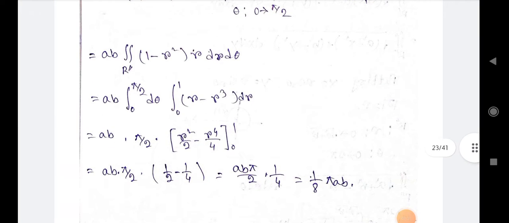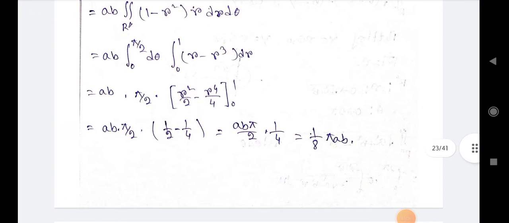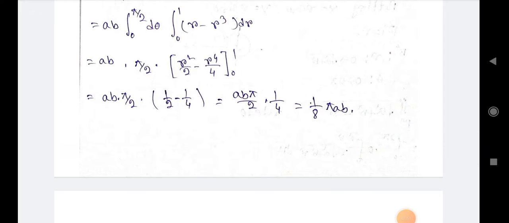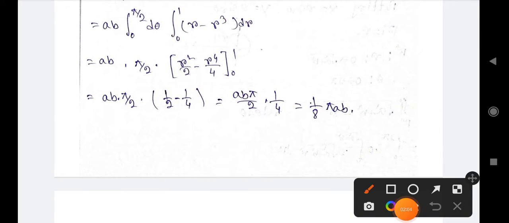Putting, we get ab double integration over R double dash of 1 minus r square, r dr d theta, equals ab integration 0 to pi by 2 d theta integration 0 to 1 of r minus r cube dr, equals ab into pi by 2 into r square by 2 minus r to the power 4 by 4 in the limit 0 to 1, equals ab into pi by 2 into 1 by 2 minus 1 by 4.